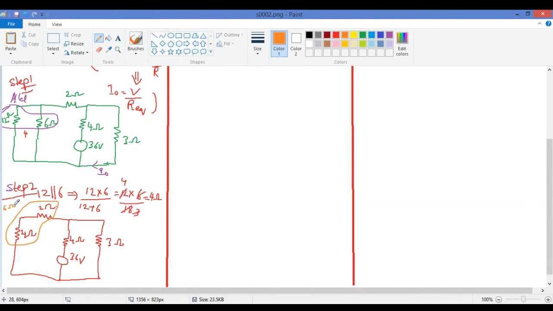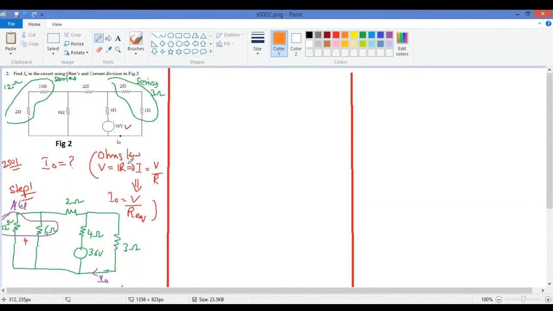Okay. So in step number 3, I can make it 6 ohm. Yeah, step 3. So this is 6 ohm, and I get 4 ohm and 36 volts.